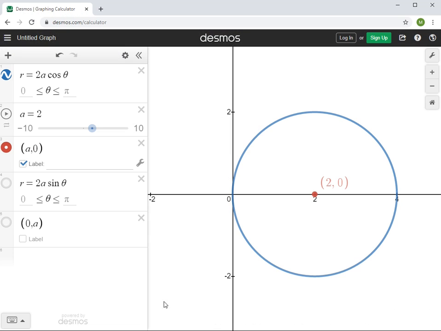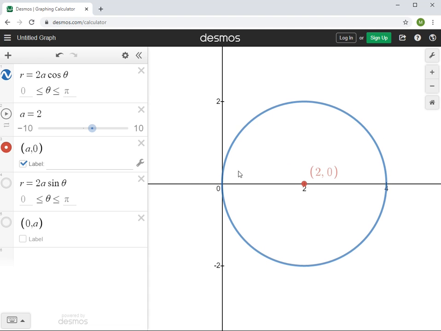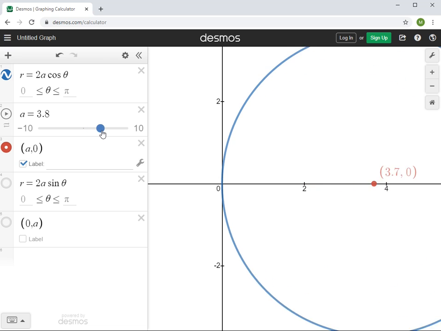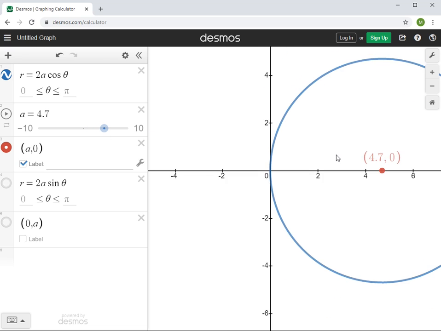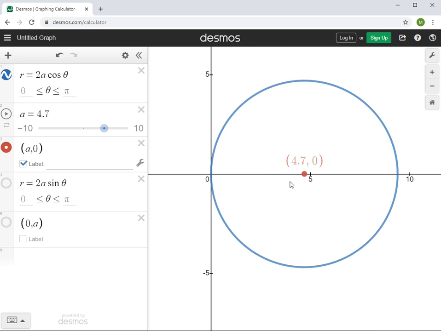All right, so let's go over real quick to Desmos. So Desmos will sketch polar curves for us, which is really nice. We'll make use of this in the next section as well. So here I've set a equal to 2, and you see that this is the circle we described in part A. Okay, now if I increase a, you can see that's giving us a circle of radius a, and the center is at the point (a, 0).